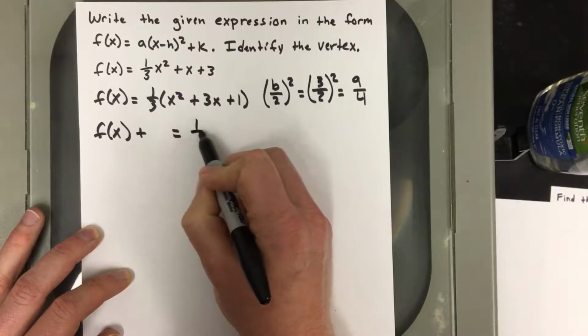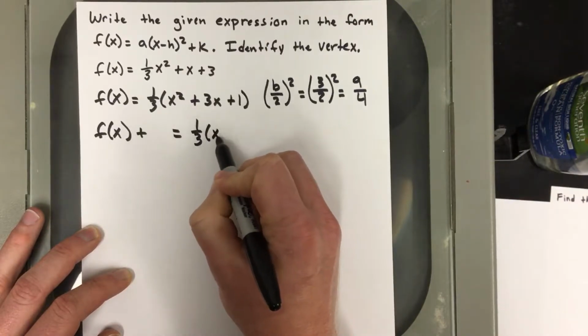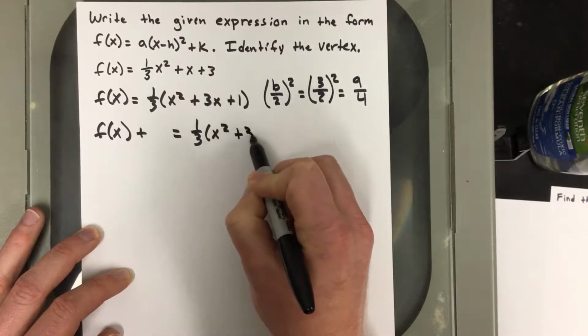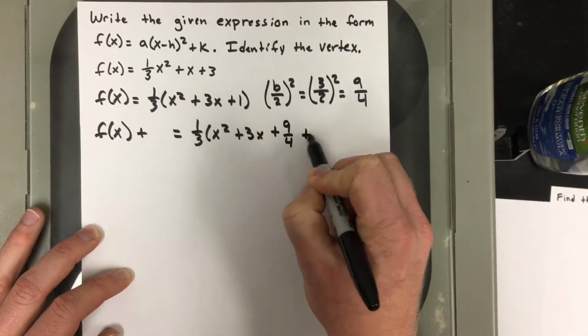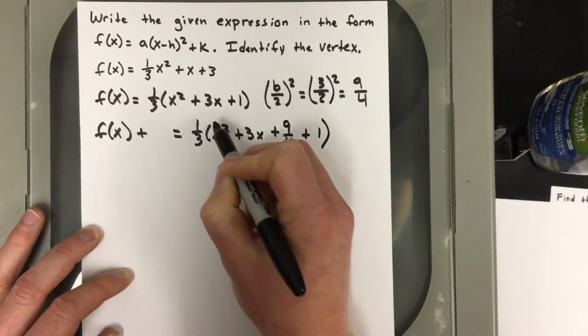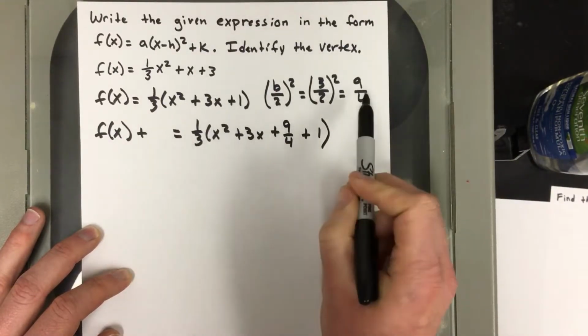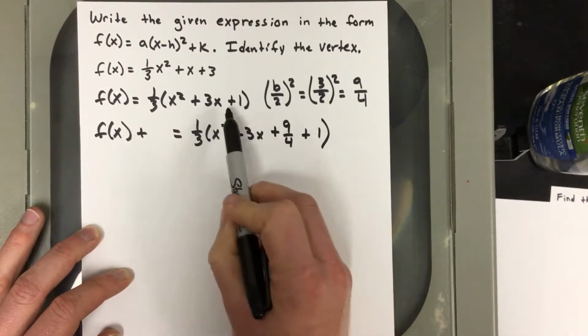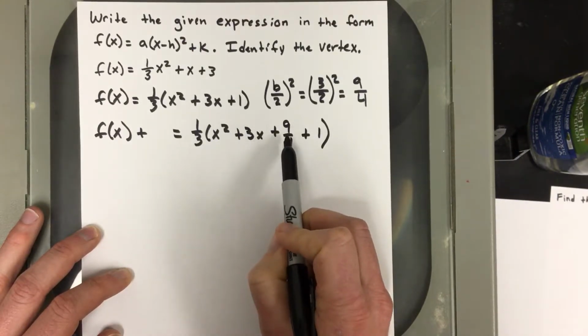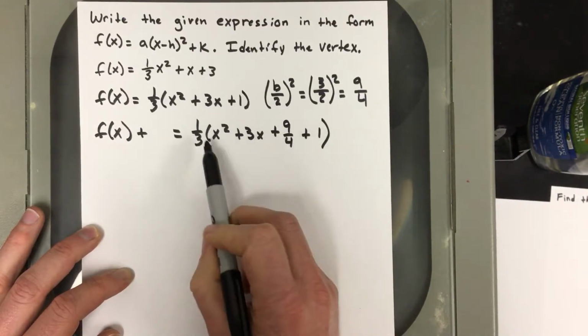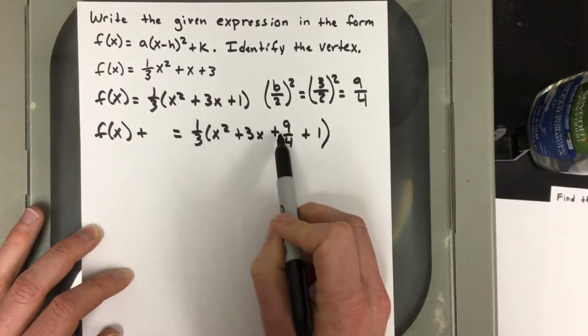So that's going to give 1/3 times x squared plus 3x plus 9 over 4, plus 1. If you notice, I've added 9 over 4 inside the parentheses. Remember from the previous video, when I add inside the parentheses, I have to understand that 1/3 is being multiplied times that.